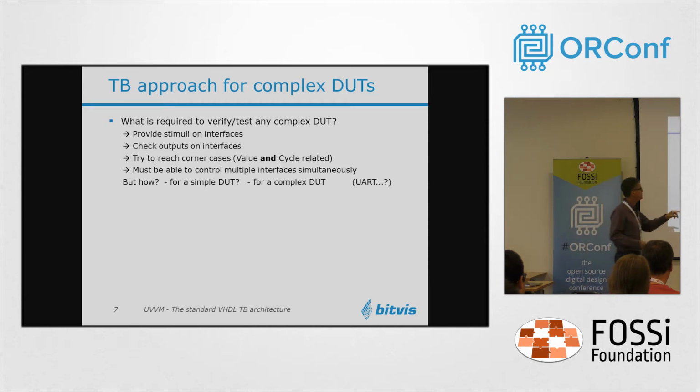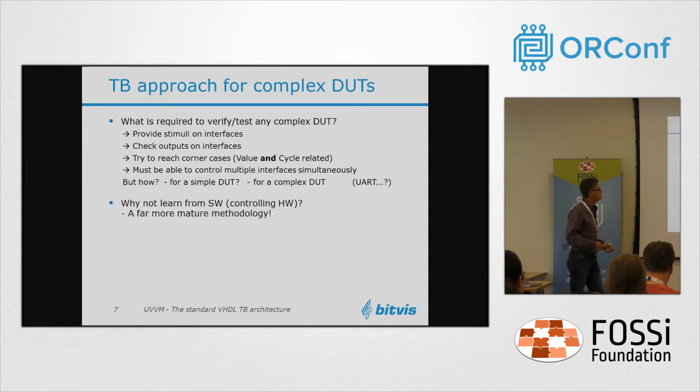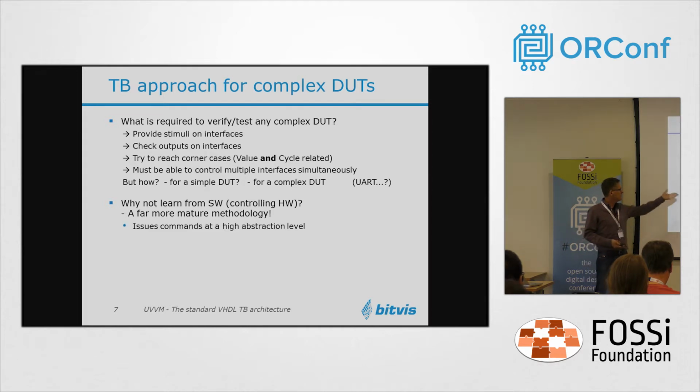But even for a UART, you need to be able to control multiple interfaces simultaneously in order to find cycle-related corner cases. So we have to find a solution for that. So why not look at software, which is a far more mature technology than FPGA. Well, there are issues. In software you issue commands at a high abstraction level.